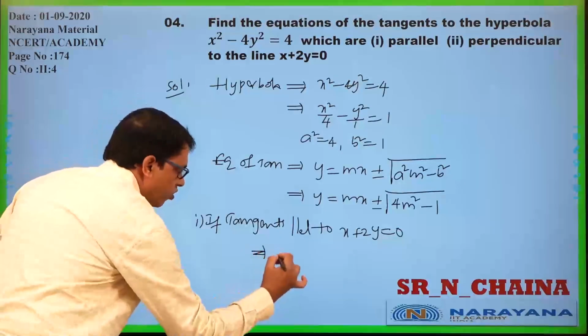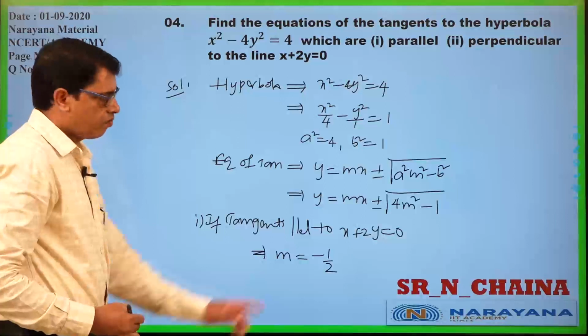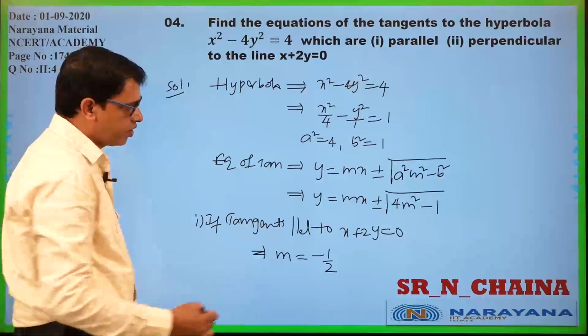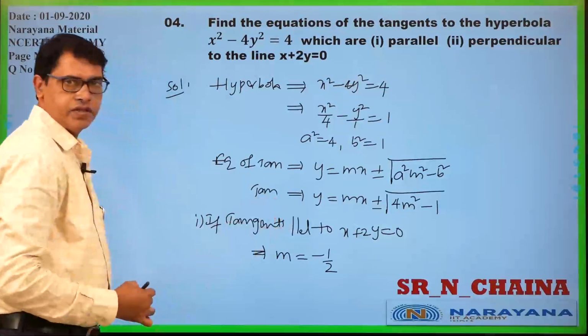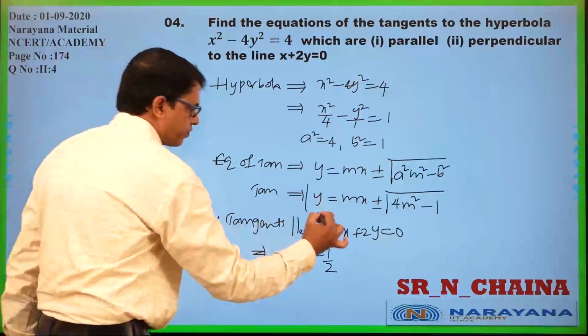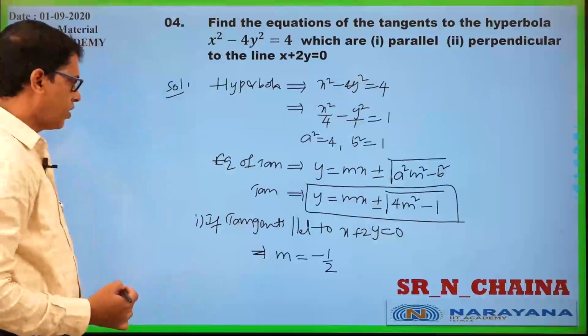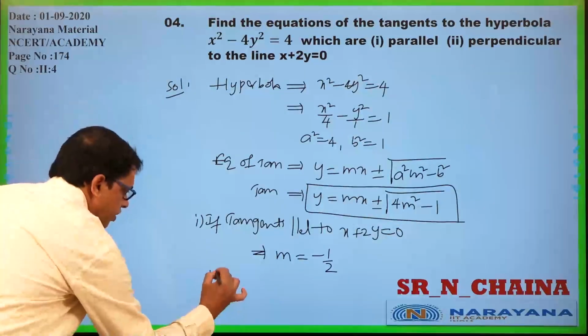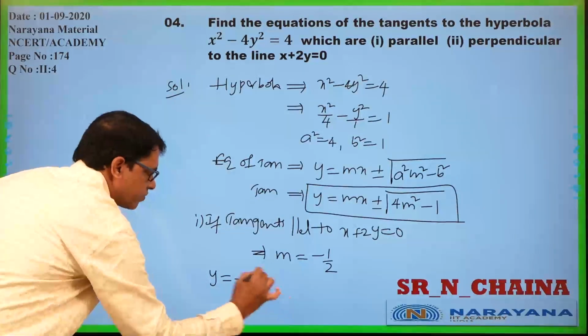Then m is equal to minus 1 by 2, that is minus a by b. Replace here in the equation of tangent. If you write the value of m, then what do we get? y equals minus 1 by 2 x.